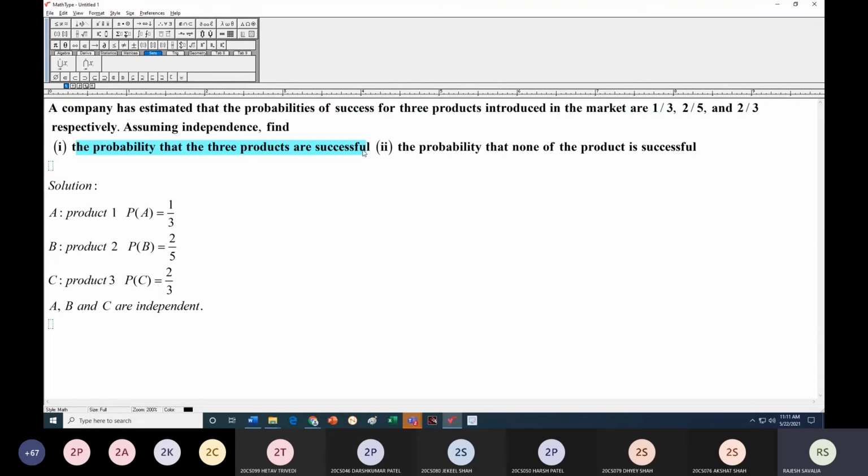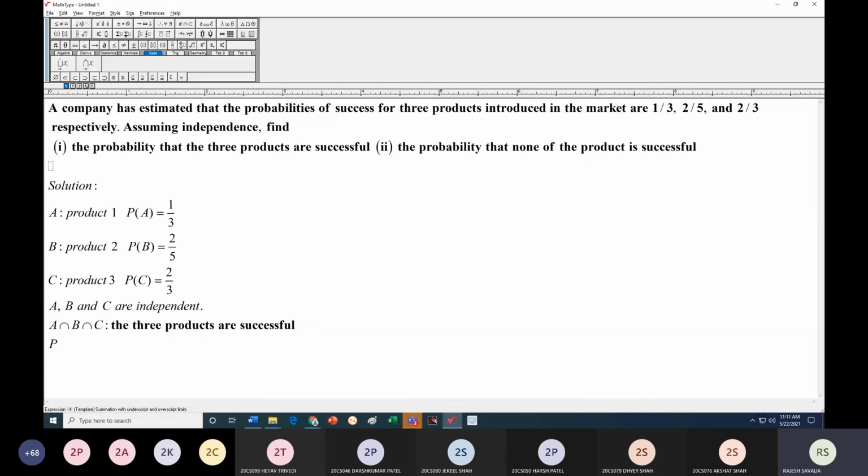What will be the notation for the 3 products being successful? तीनों की तीनों सक्सेसफुल होनी चाहिए, तो उसके लिए नोटेशन क्या होगा? A intersection B intersection C. That is the notation.